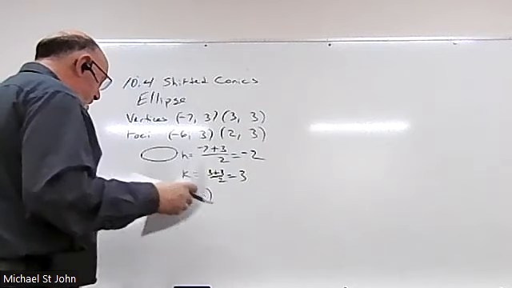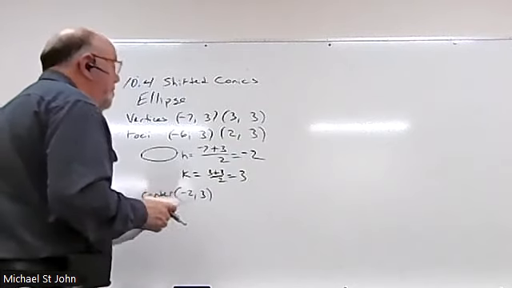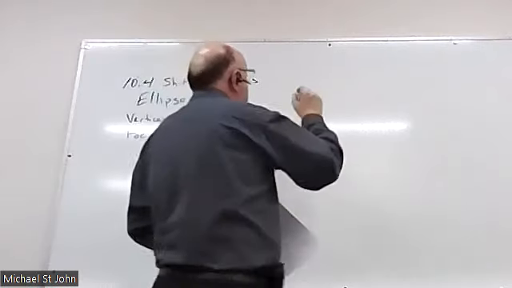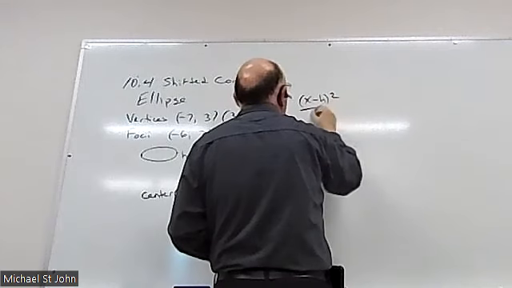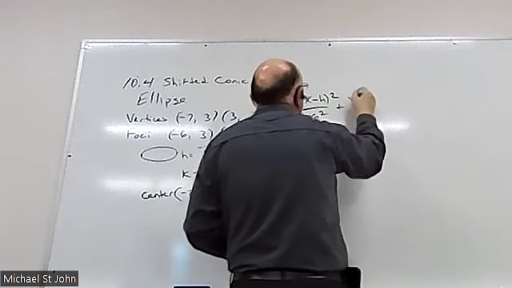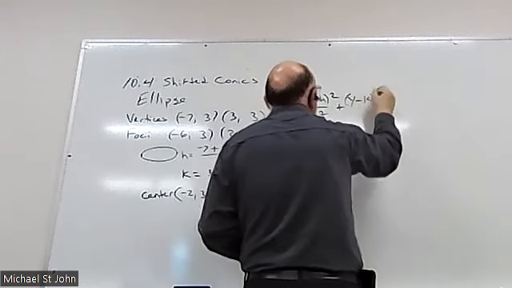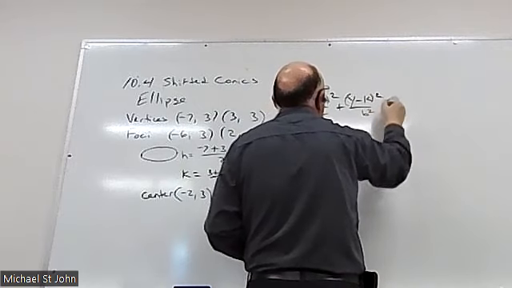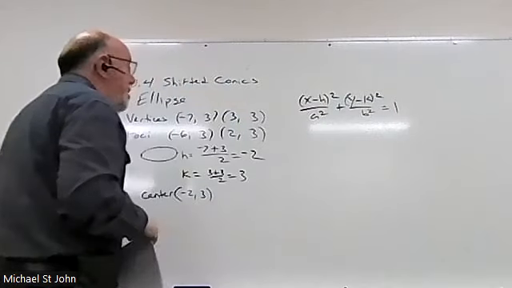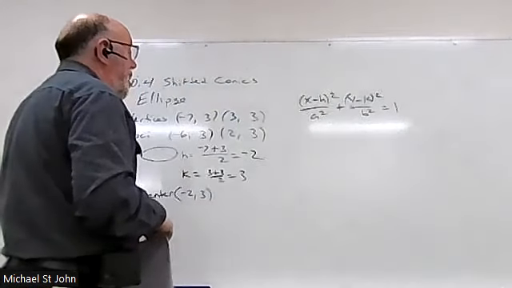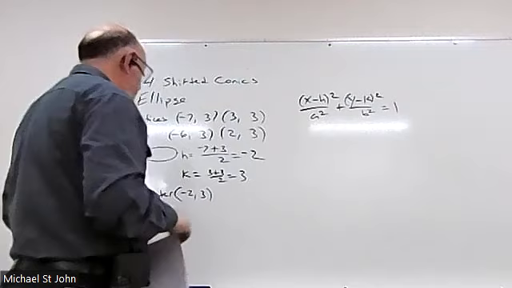So for this shifted conic, which is an ellipse, it's going to be in this form: (x minus h) squared over a squared plus (y minus k) squared over b squared equals 1. We now know the h and the k.